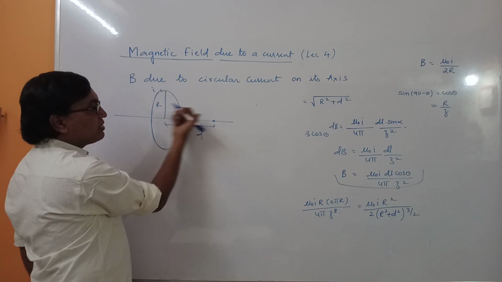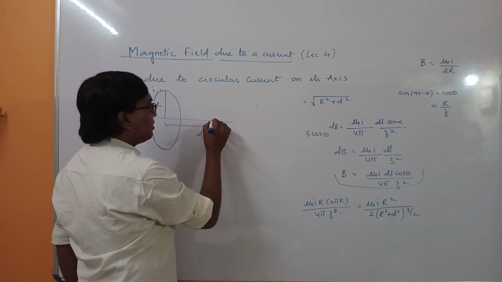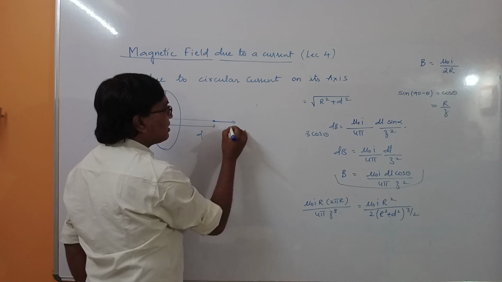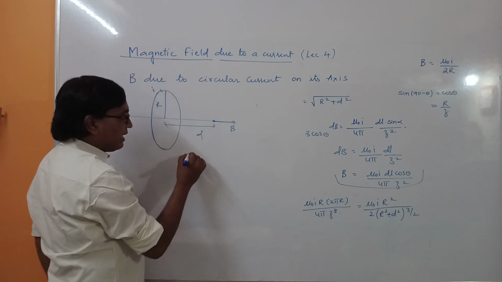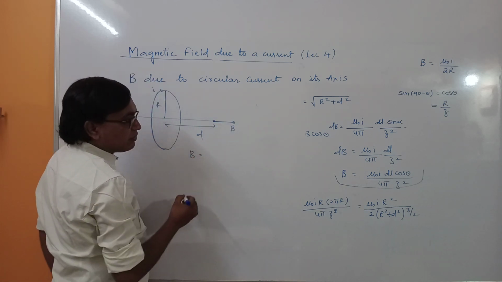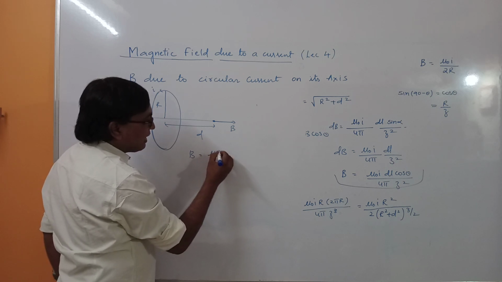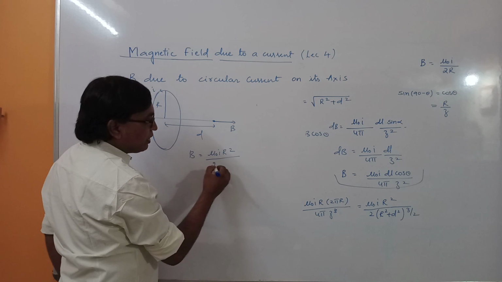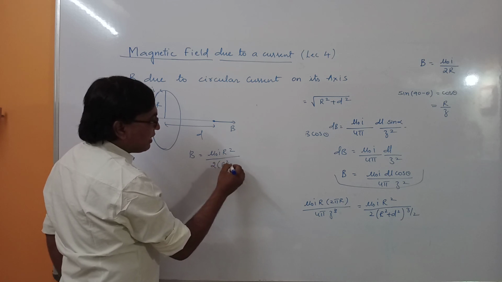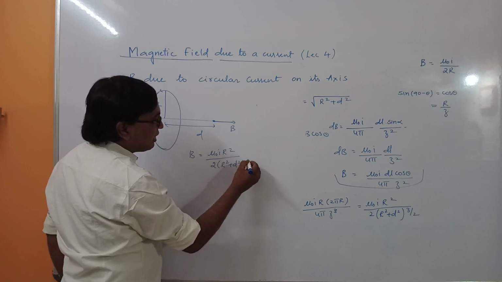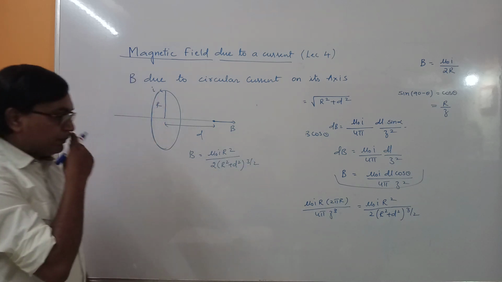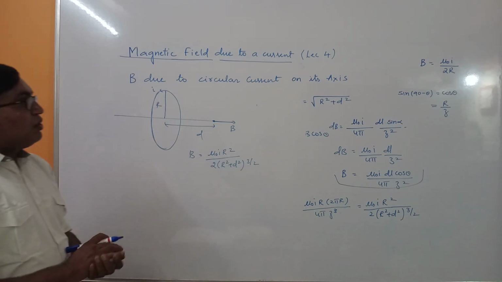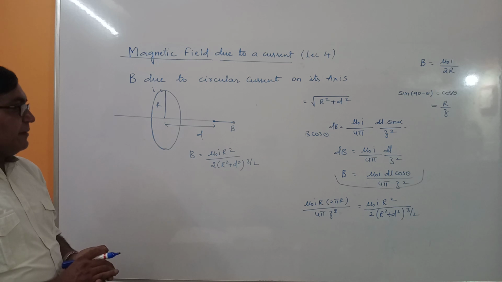If you take a current like this, it is along this direction. So here the magnetic field is along this direction and that is equal to B, and this B is equal to mu naught I r square upon 2 into r square plus d square raised to 3 by 2. Okay, so this is the magnetic field.